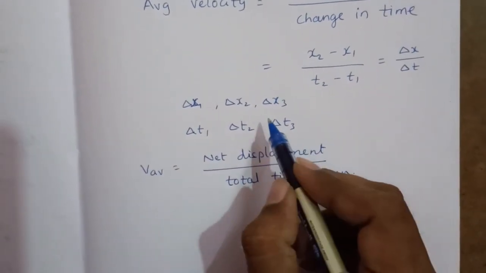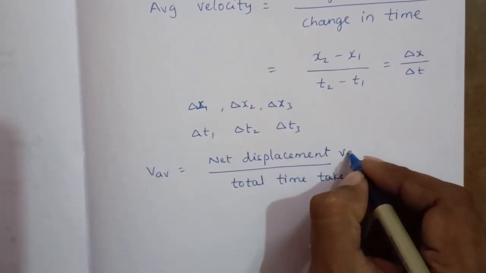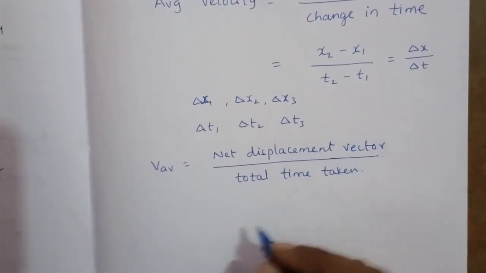As displacement is a vector, we write the net displacement as a vector.